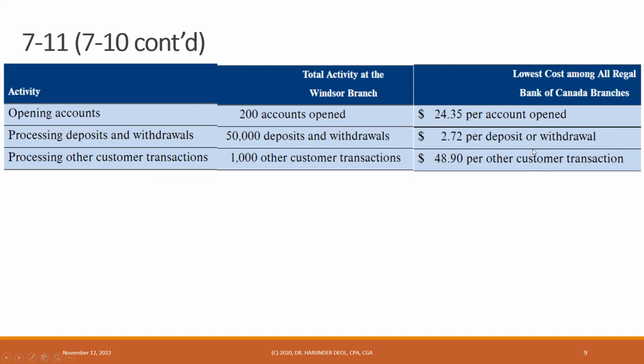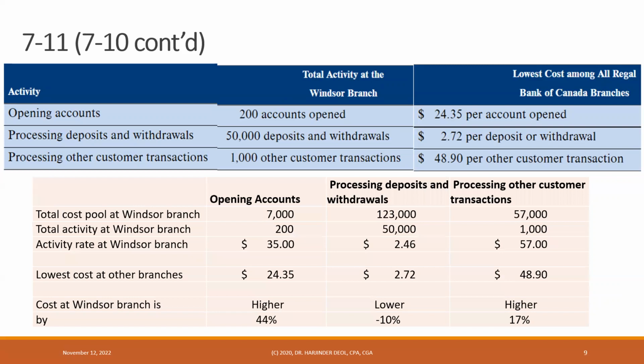And so by way of a second order comparison, we can first of all determine what the activity rate is relating to these activities: opening of accounts, processing deposits, and processing other customer transactions. We get that by dividing the total cost pool, which we had calculated in the earlier example, by the number of activities relating to that particular cost pool.